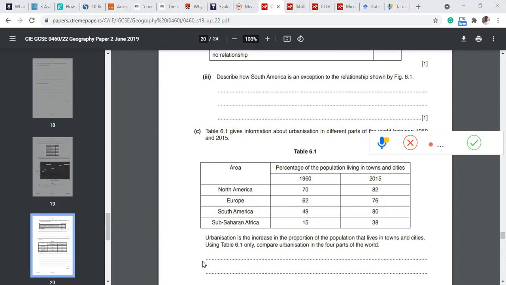Then, using figure 4, describe the relationship between the order of settlement and the number of settlements. If you look at order of settlement, that means from low to high. The higher the order of settlement, the fewer the settlements are. So that's an inverse relationship, negative correlation.